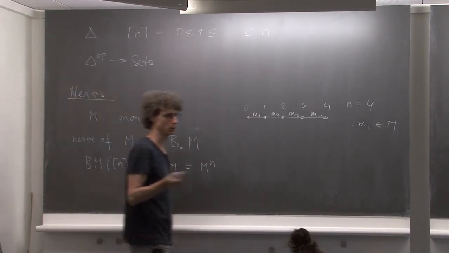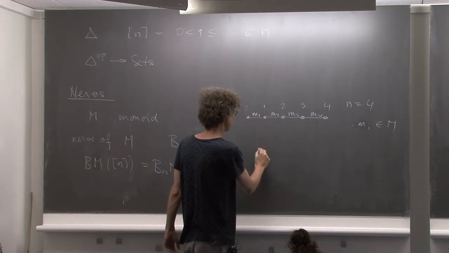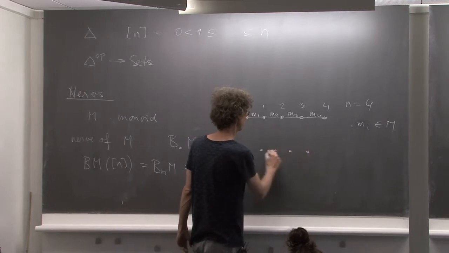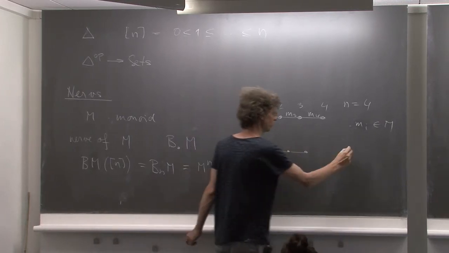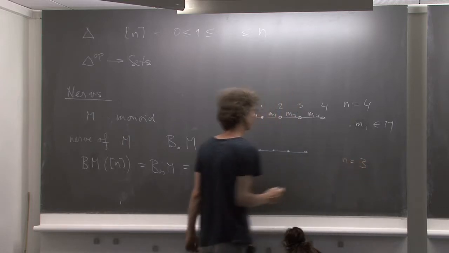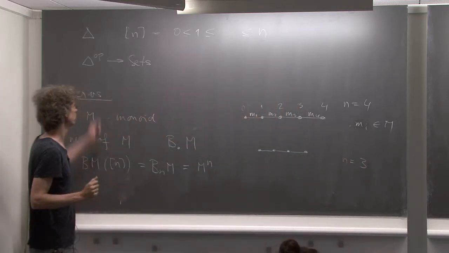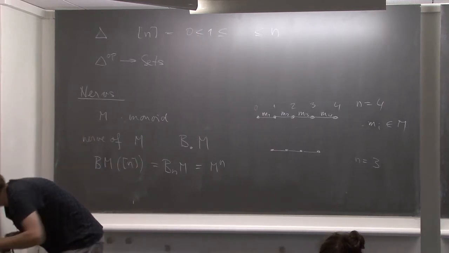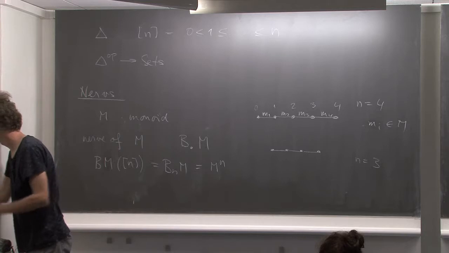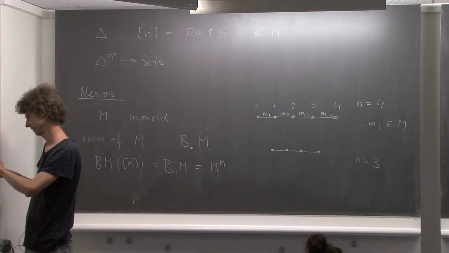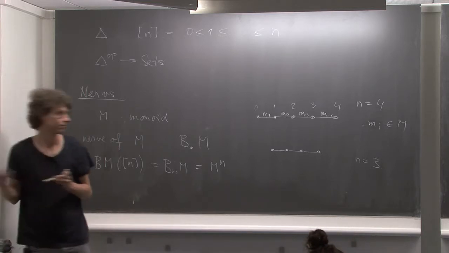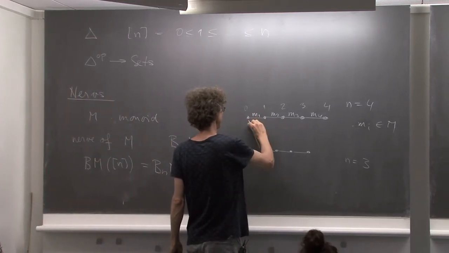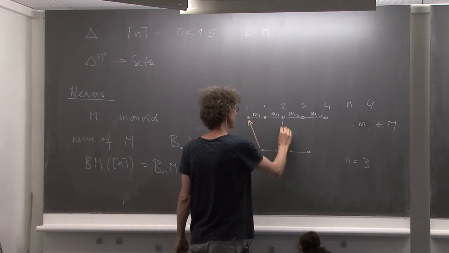And I should say how it is functorial. Let me take something like this. So this is now for n equal to 3. Let's have a morphism in this category, say this one.